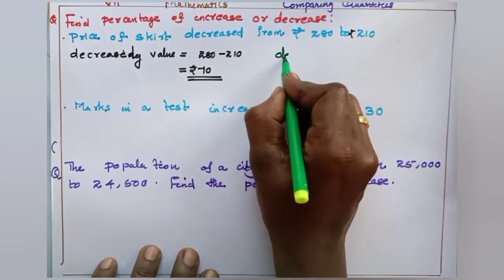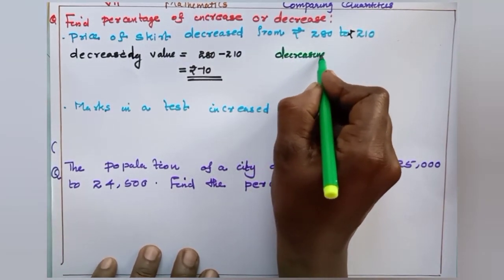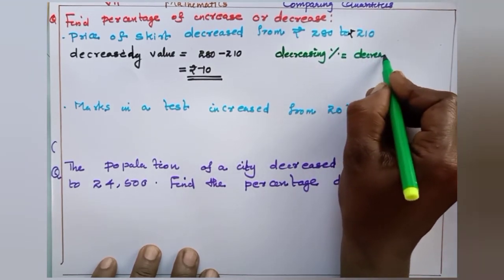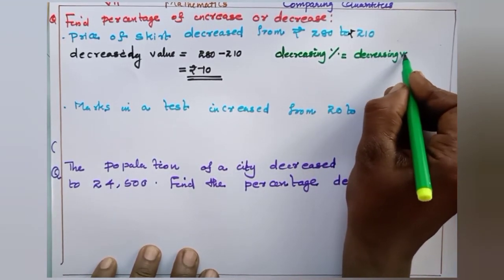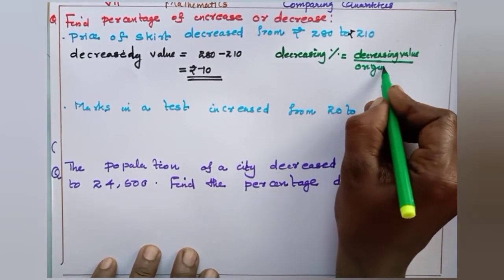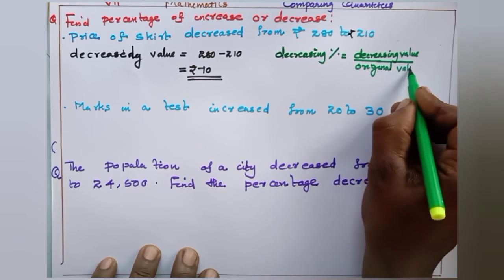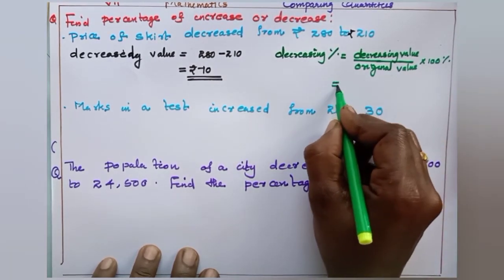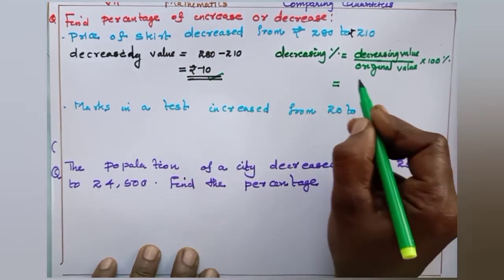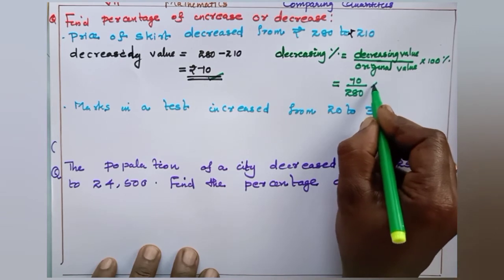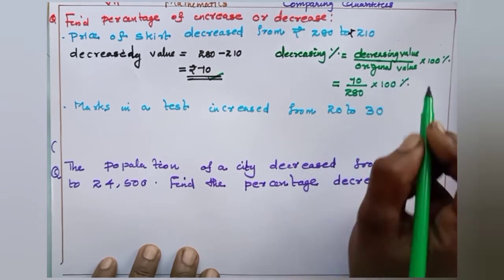So decreasing percentage equals decreasing value by original value into 100%. So we get the decreasing value is 70, 70 by original value 280 into 100%.